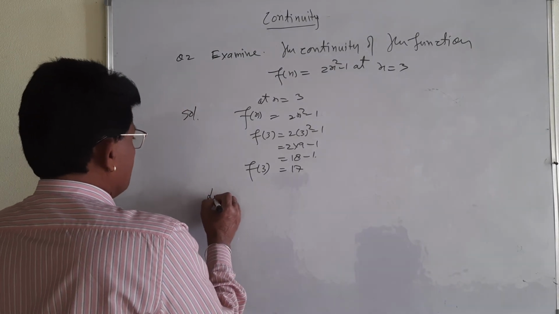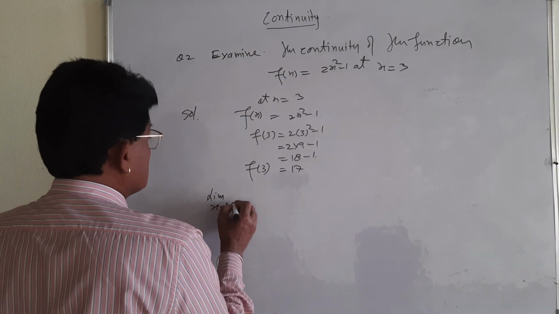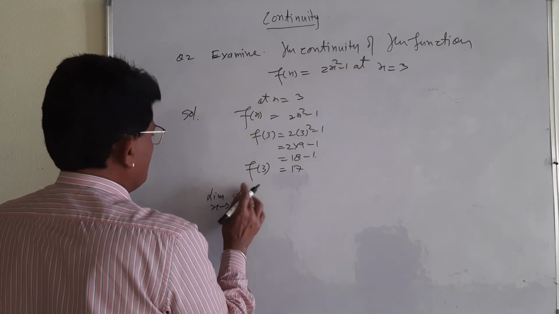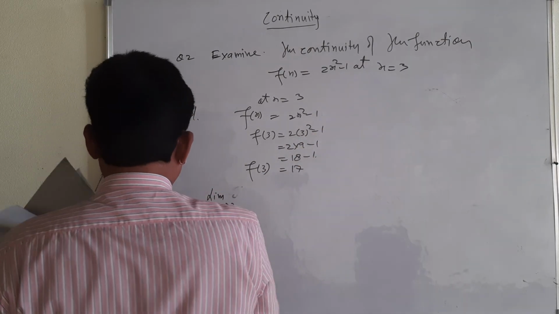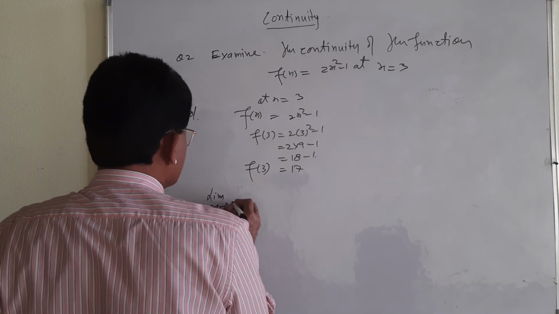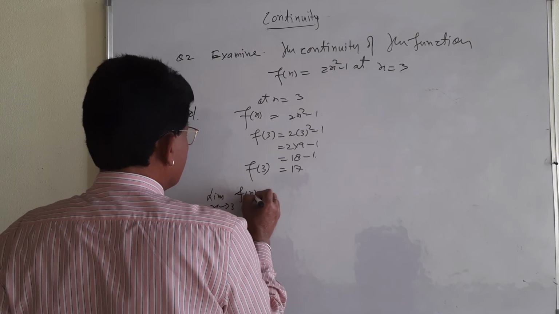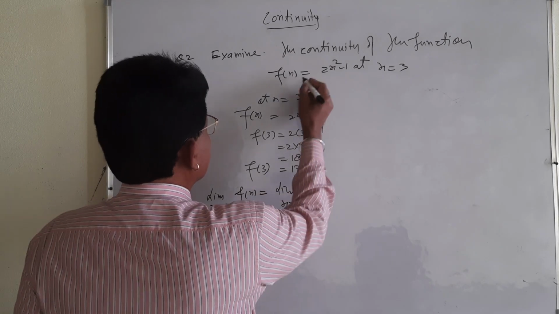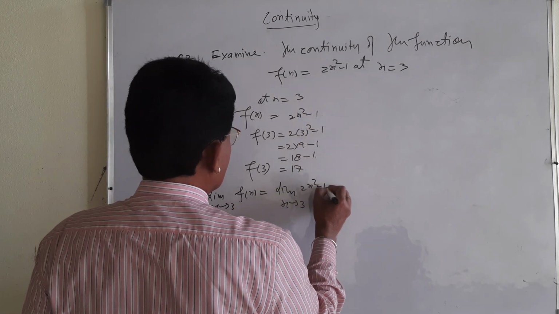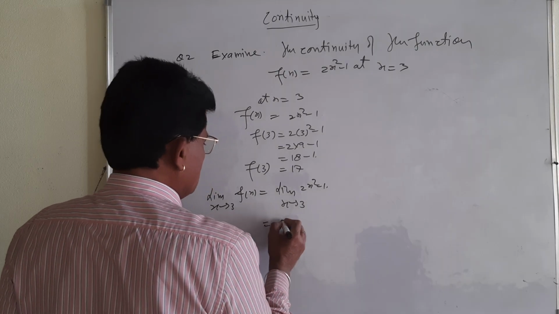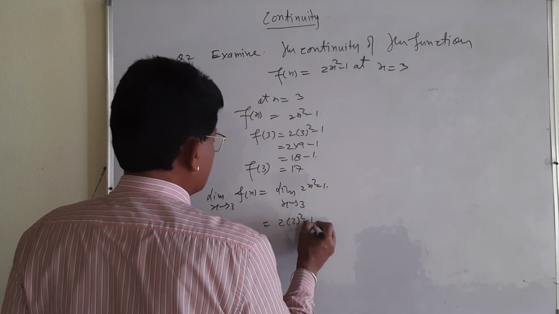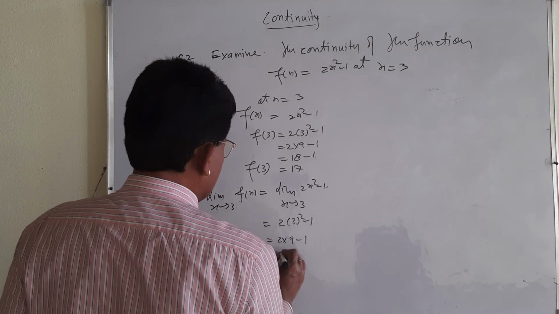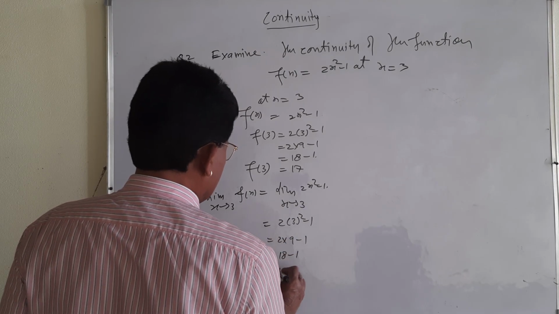And then you take limit x tends to 3 of the function. Now, what will happen? f(x) is equal to limit x tends to 3, and the function is 2x square minus 1. You take the limit now to 3 square minus 1. Similar kind of thing, 2 into 9 minus 1, 18 minus 1, that is 17.